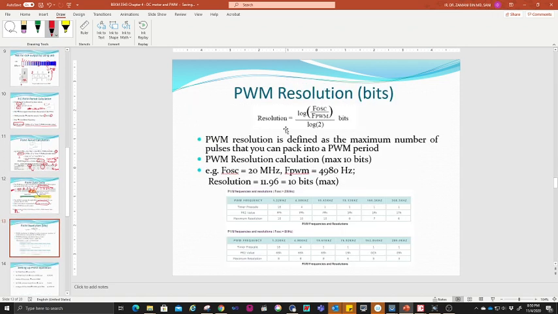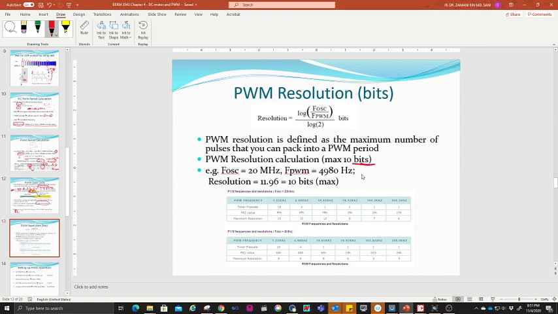So then the third thing you need to understand is the PWM resolution, which is the bits, how much resolution it can have. PWM resolution is defined as the maximum number of pulses that you can pack into a PWM period. Okay, that is the meaning of PWM resolution. The PWM resolution calculation goes up to only 10 bits.